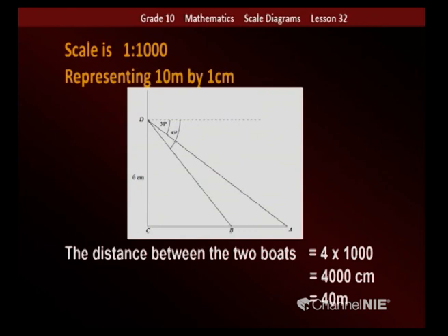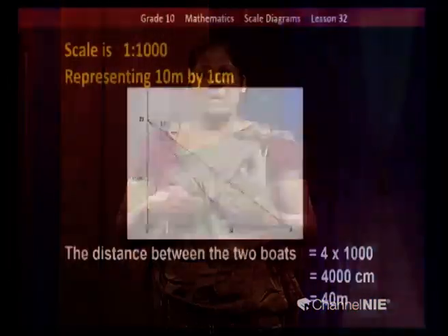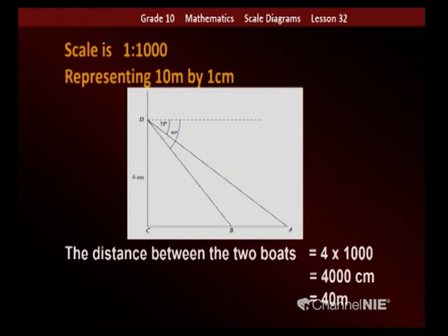And in the question, what do you have to do? You have to find the distance between the two boats. In the scale diagram, that is the distance AB. In the scale diagram, it is 4 centimeters. Using the ruler, I measured that one. 4 centimeters.